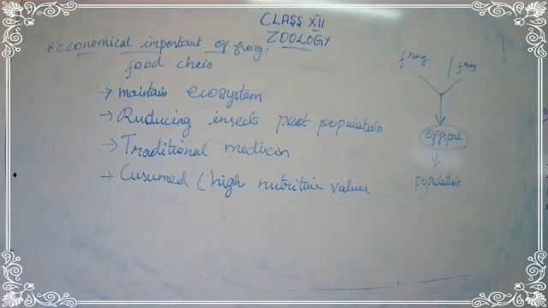Frog provides an agent for blood pressure, so it is used as traditional medicine. Then in the USA, Japan, China and northeast India, frogs are consumed because they have a high nutritive value.